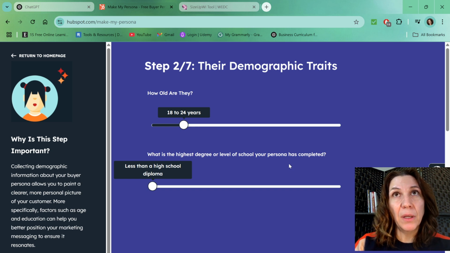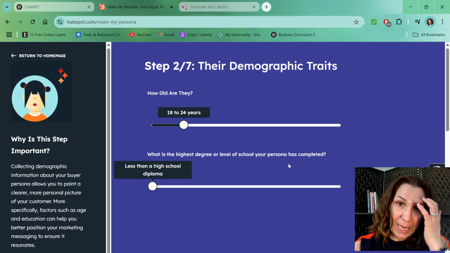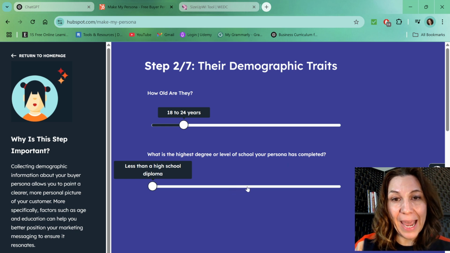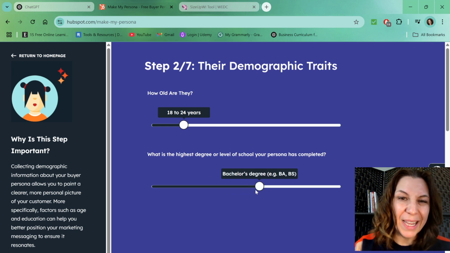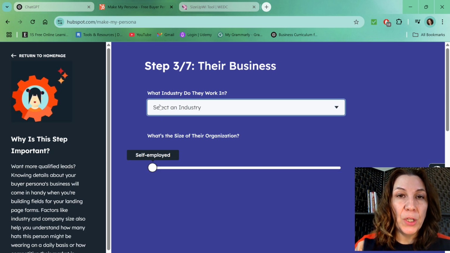Now, think about if the average income is between 50,000 and up, it means that they have at least a bachelor's, we'll say bachelor degree in our case. What industry do they work in? Well, we have a lot of different industries. So we will say maybe pharmaceutical, they're very health conscious.